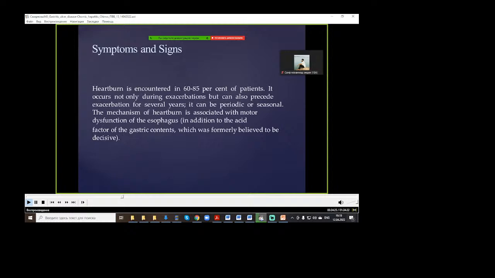It occurs not only during exacerbations, but can also precede exacerbation for several years. It can be periodic or seasonal. The mechanism of heartburn is associated with motor dysfunction of the esophagus, in addition to the acid factor of the gastric contents, which was formerly believed to be decisive.